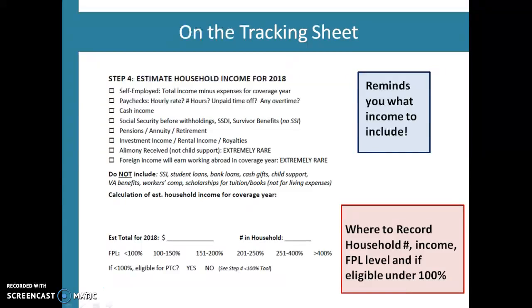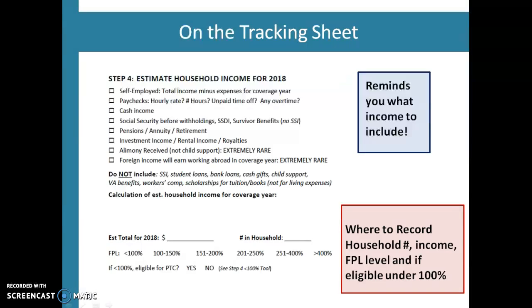So just a couple of reminders. The checklist on the tracking list is, of course, intended to let you identify the type of income the consumer has, but it also can be a guiding mechanism for you in figuring out what types of incomes count as income for purposes of the application. There's a spot as well to total the 2018 application estimate and the number of people in the household, a place to locate where the FPL level is.